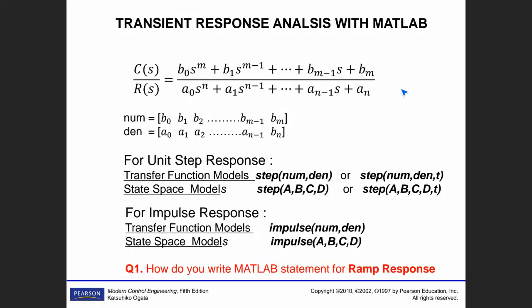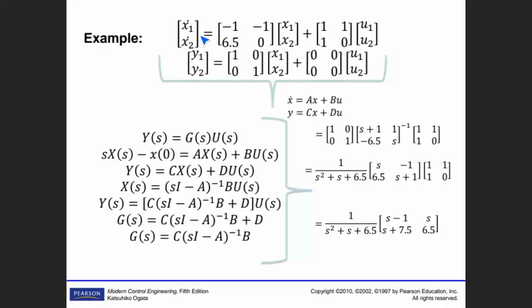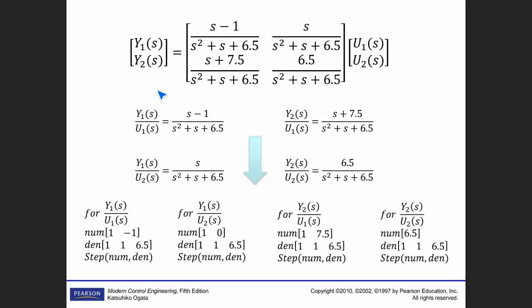And for transient response analysis with MATLAB, you are going to write step num den, or step num den t, step ABCD. For impulse num den, impulse ABCD. These are the examples here. If you write down those equations in state space and give the solutions, you are going to obtain four outputs. This is a multiple input, multiple output system. You are not going to be responsible for that.